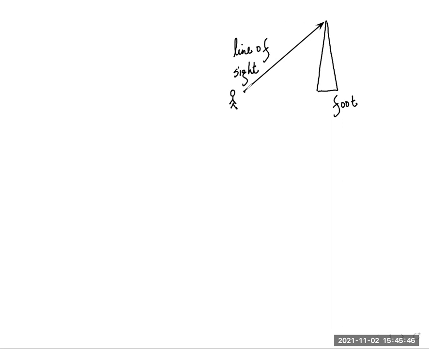The line of sight is the imaginary line connecting the eye of the person, the observer, and the object. Now the object is the top of the tower. That line is the line of sight. And students, this line is representing the horizontal level.